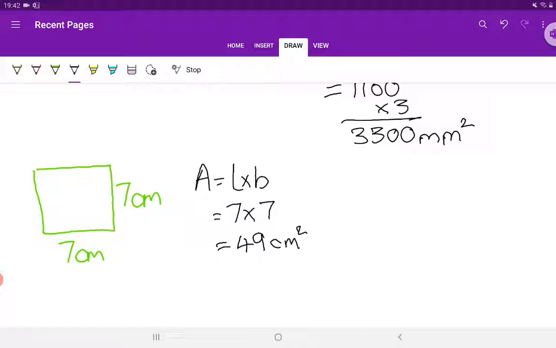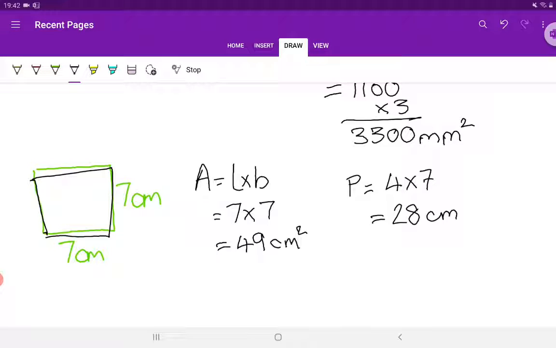Okay, and then the perimeter, same idea. This time you've got 7, add 7, add 7, add 7, or that would be 4 times 7, which is 28, and this time, remember it's centimetres, we're working with a length, so it's not square centimetres.